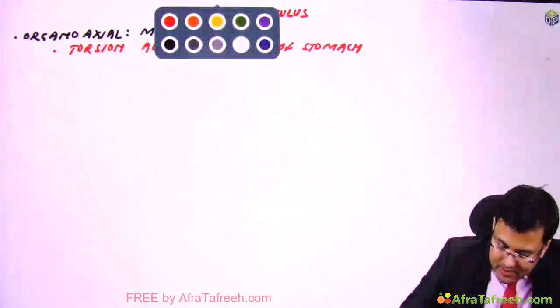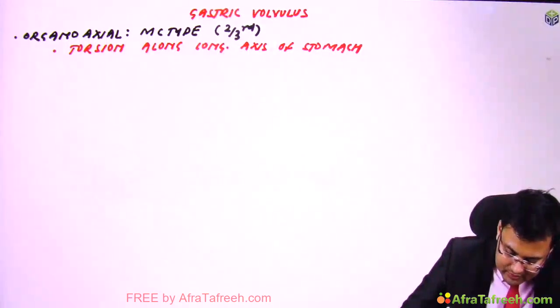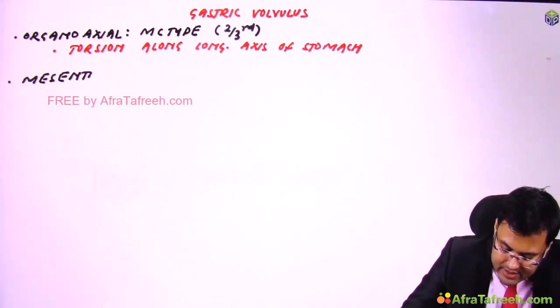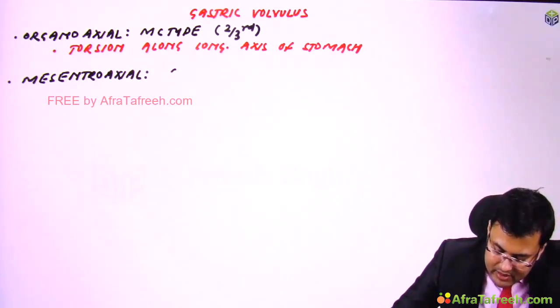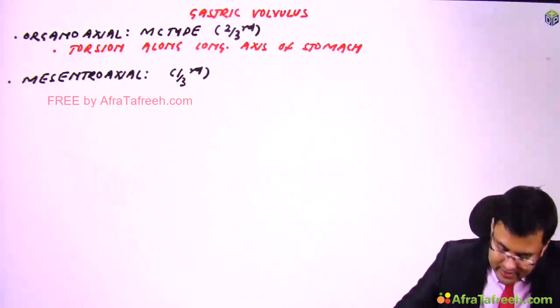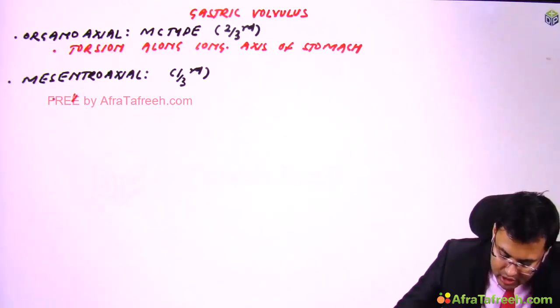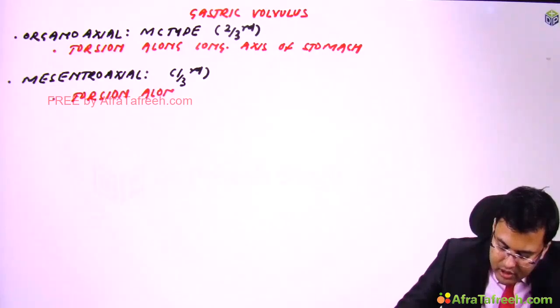And the second is mesenteroaxial. Be careful, this is less common and it's responsible for 1/3 of cases. Here, torsion occurs along vertical axis.